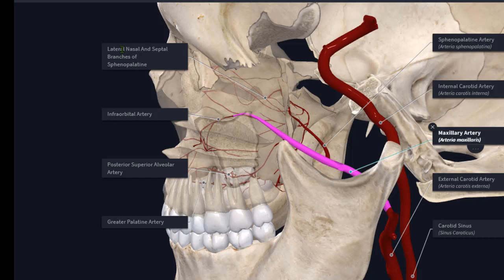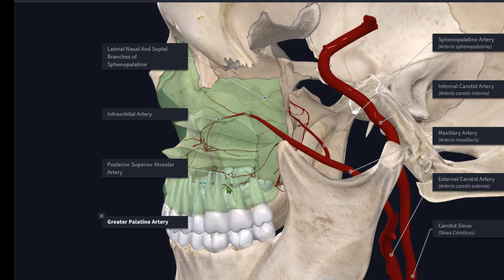So here it gives so many branches, that is your lateral nasal and the septal branch, that you can observe over here. And you will find the infraorbital artery that is going through the foramen towards the orbital cavity, and you will find the posterior superior alveolar artery that you can observe here, and you will find the greater palatine artery also, that will be over here.